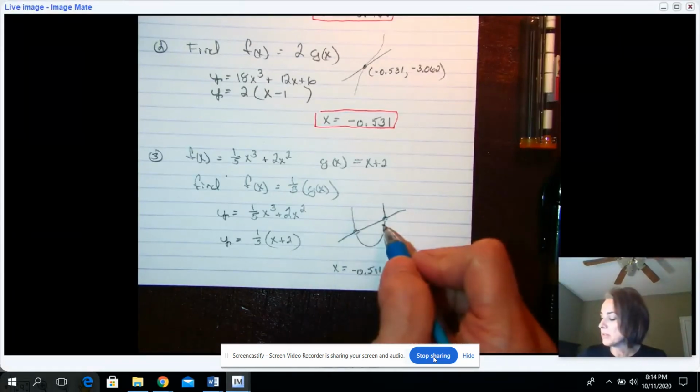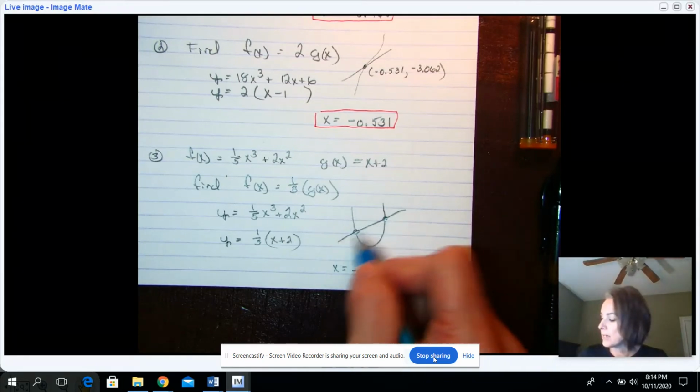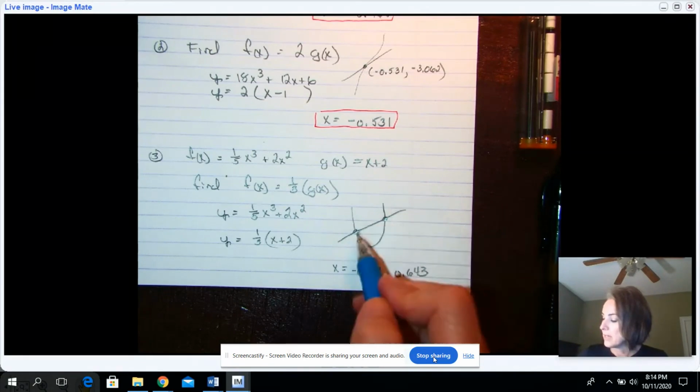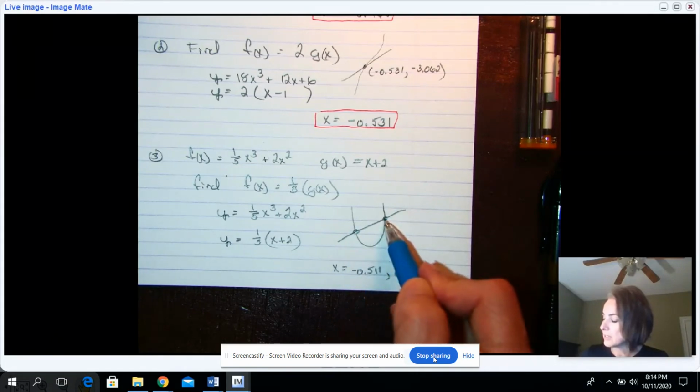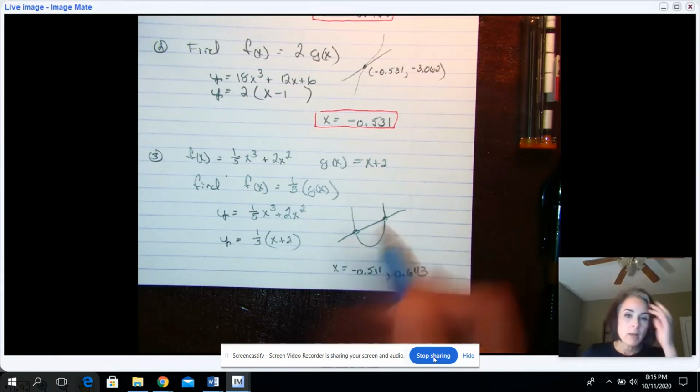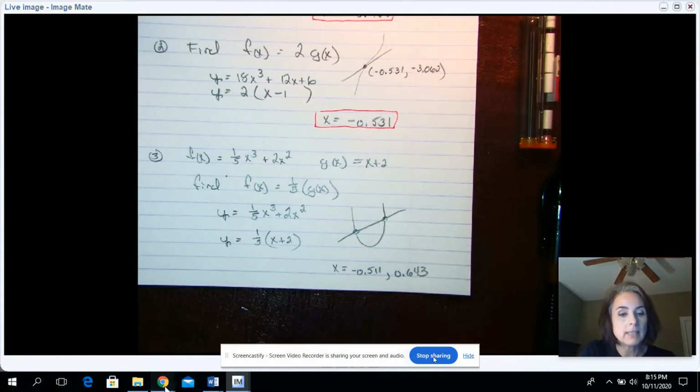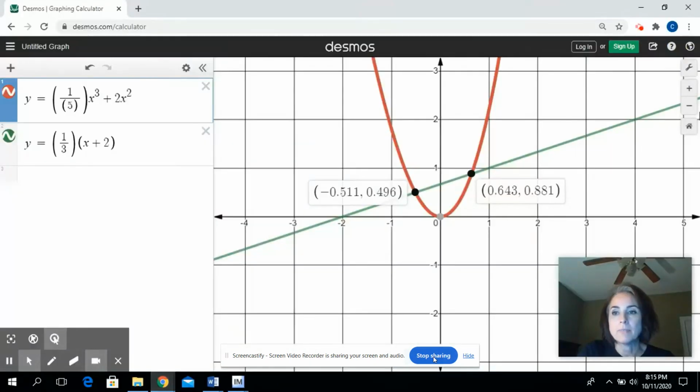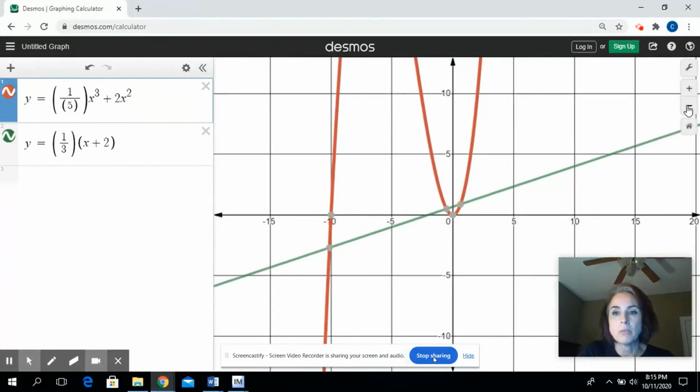It was a parabola, or at least it looked like a parabola at that point, and then they intersect right here. They intersect right here. And so that was at negative 0.511, and that intersected at 0.643. But that might not have been it. So if we go back and look at it, I might need to go out a little bit more.